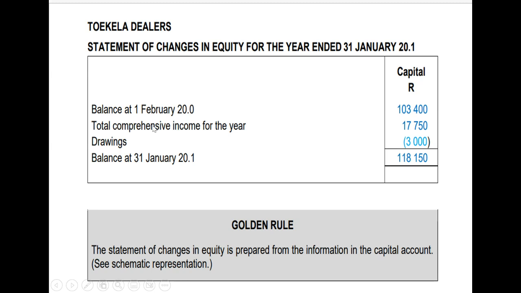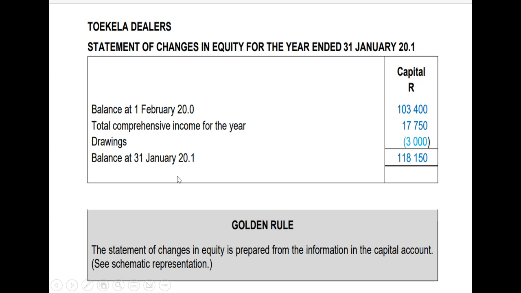This is the one that we have transferred. It comes here, that's 17,750. Then we said the drawings need to be reduced. Remember that we said debit the capital, credit the drawings account by 3,000. You reduce like that, then you get the balance at 31st January 20.1.